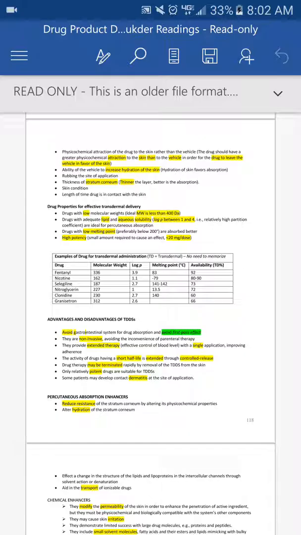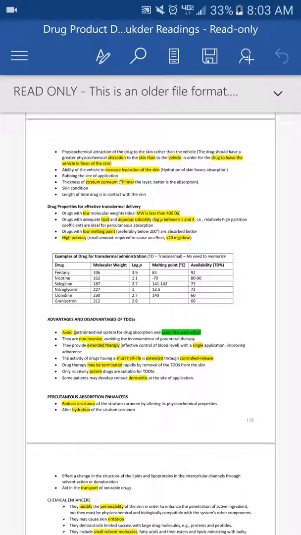Now, this is why you want to apply it to shaven, dry skin. And you don't want to wet shave the skin because that hydrates the skin. If the skin is hydrated, then you have too much of the drug being pulled out, and that could be a bad thing.